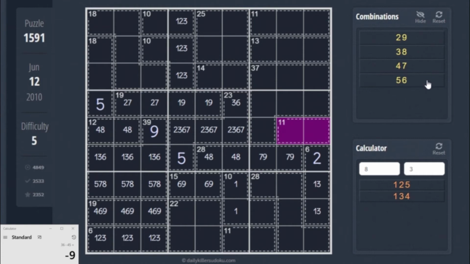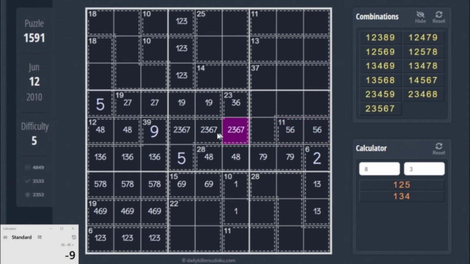We get several candidates, so 9 is already used here, so we're going to get rid of this candidate. 3, 8, 8 is already used for this cage, so we can't use 8. 4 is already used, so we can get rid of that one. So we only get 5 and 6 left.